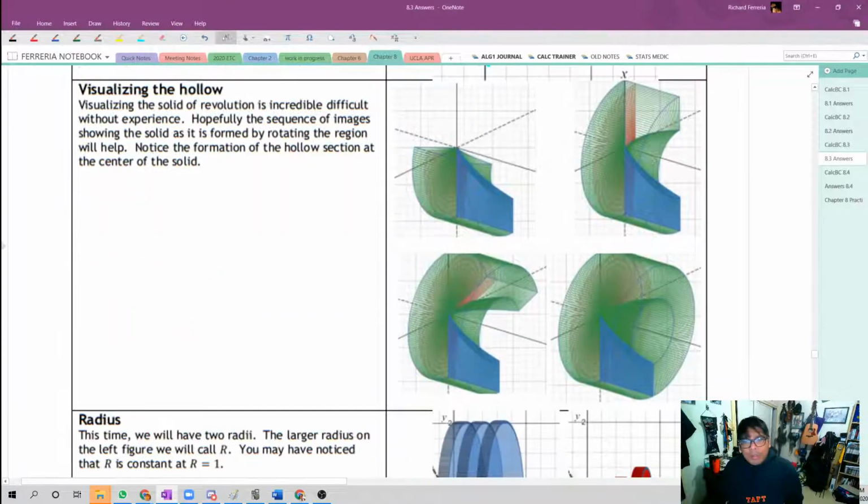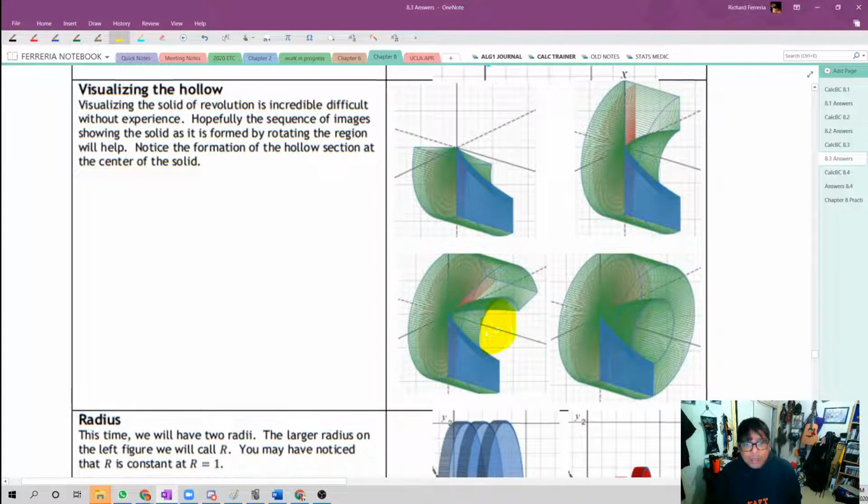So some people find this really difficult to visualize. These are just some steps from a computer output that kind of helps you see how this gets formed. It's a very interesting solid. Notice it's a cylinder, and it's got this section of it cut out of the middle. I think maybe the best way to see it is this one right over here.